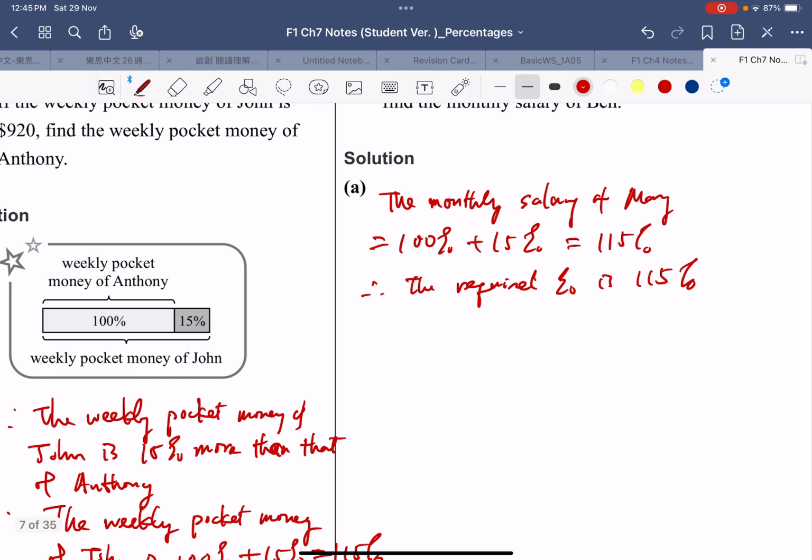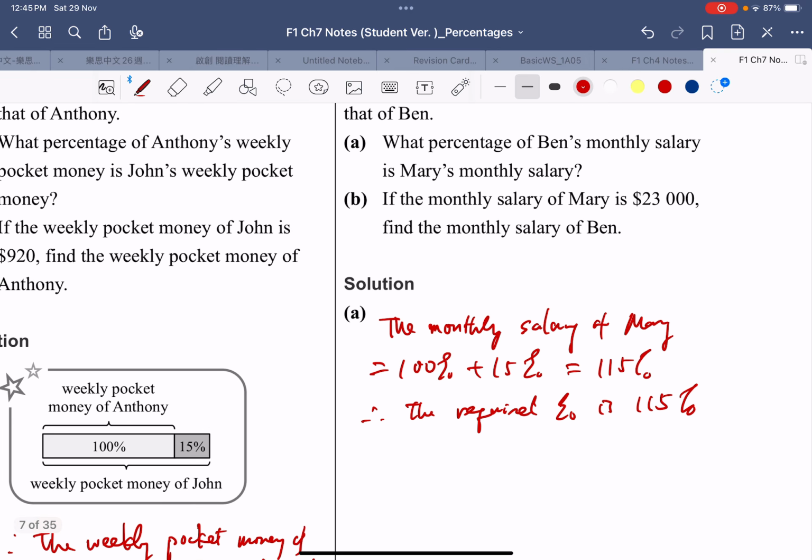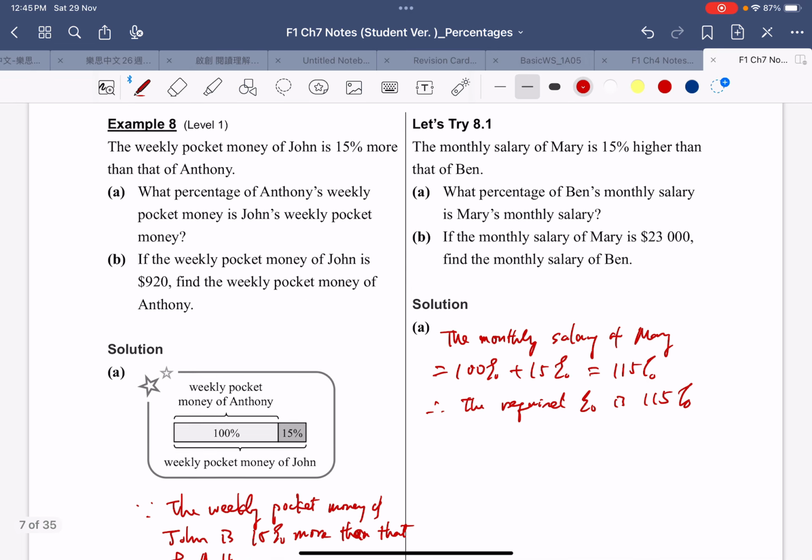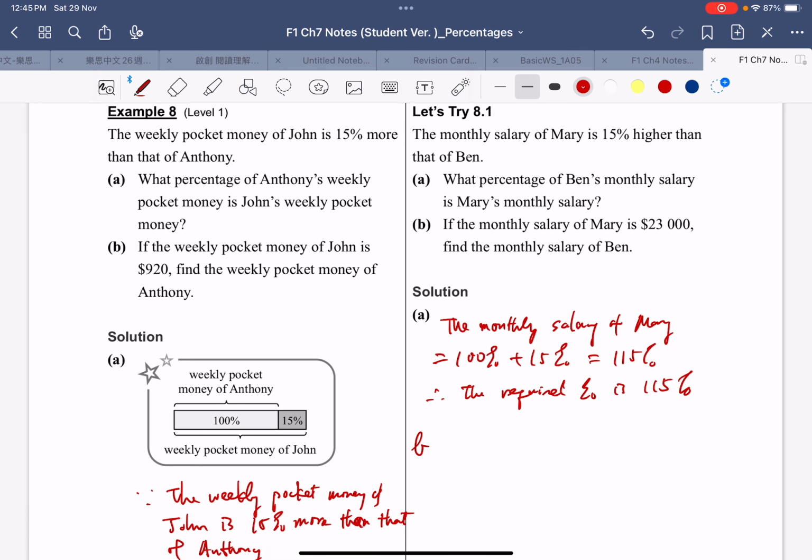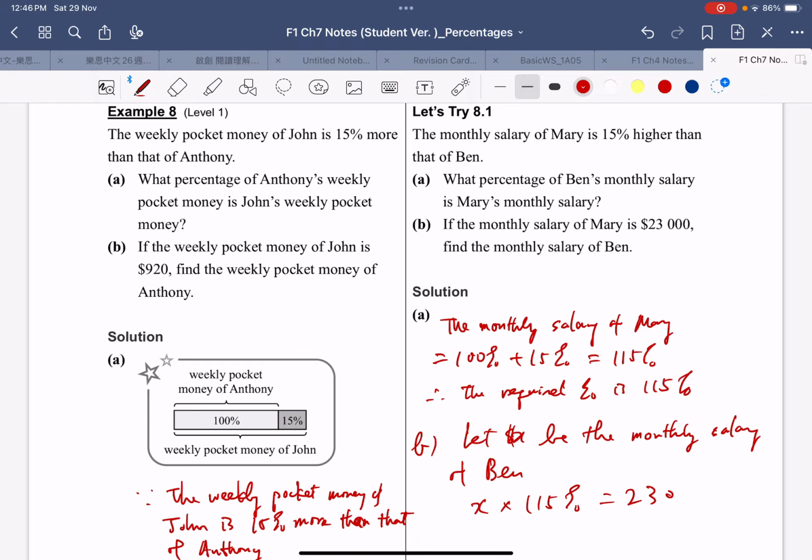Okay, this is the question. Part B here, set up equations. Let X be the monthly salary of Ben. The equation will be X times 115% equals 23000.